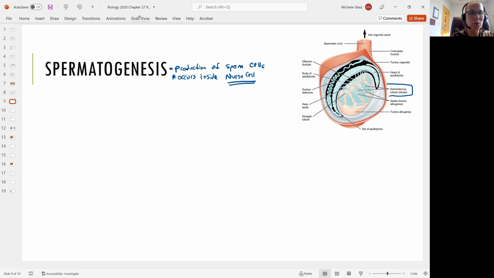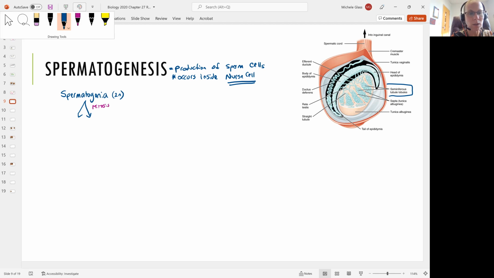And so remember, we're going to start out with our stem cell, which is our spermatogonia. And this is going to be a diploid cell. And this cell will go through the process of mitosis, which is more of the same. And so we're just going to basically make a clone.